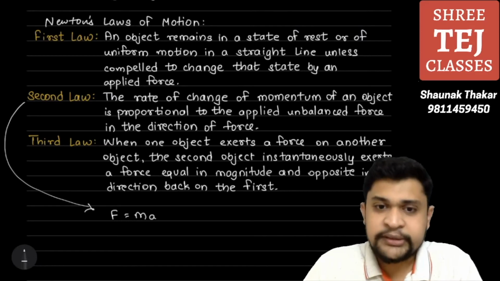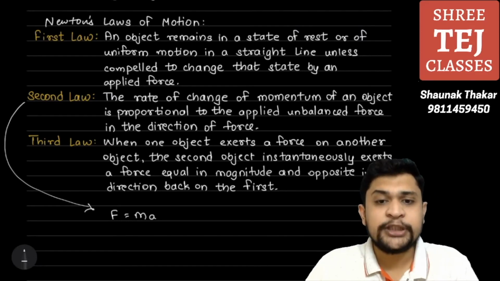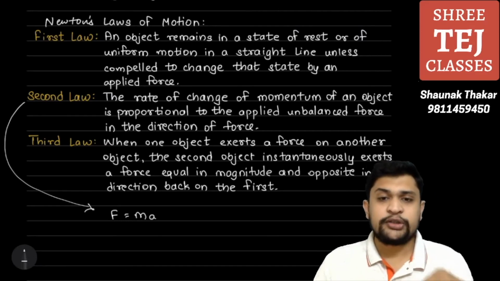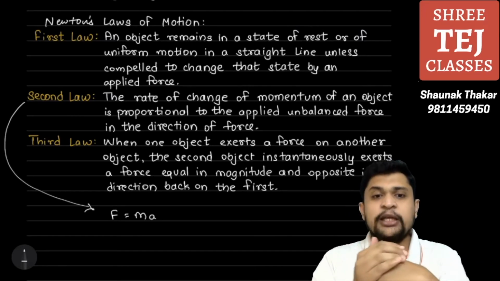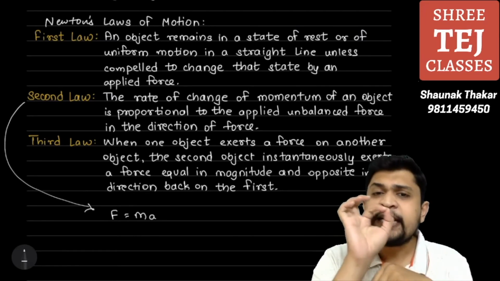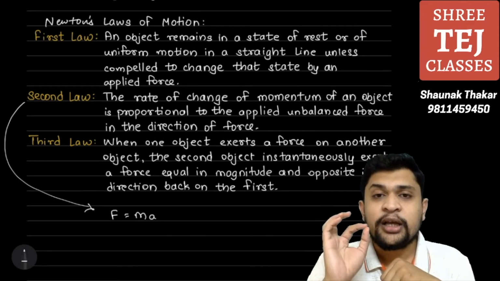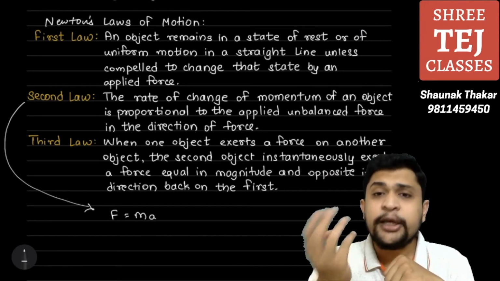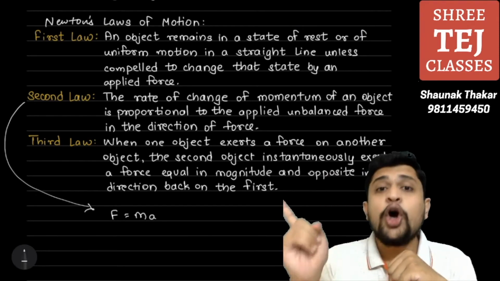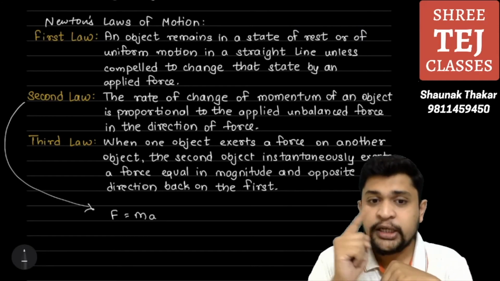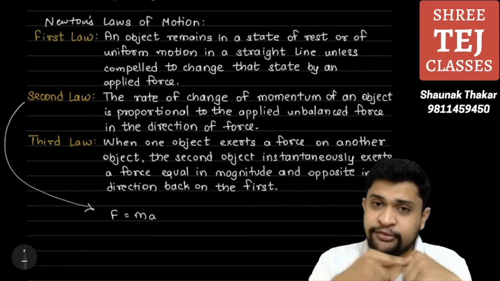Newton's third law states that when an object exerts a force on another object, the second object instantaneously exerts a force equal in magnitude and opposite in direction back on the first.